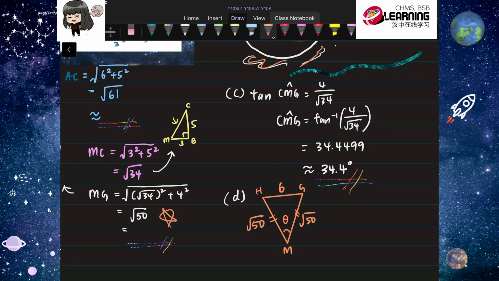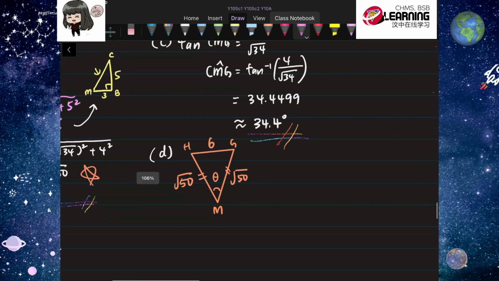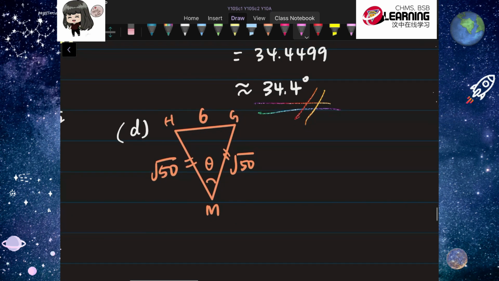Okay, so you can use SOHCAHTOA if you want, by dividing this into half. If not, you can use cosine rule. Since we learned cosine rule already, let's use cosine rule to find the answer. So I'm using cosine rule to find this angle here.